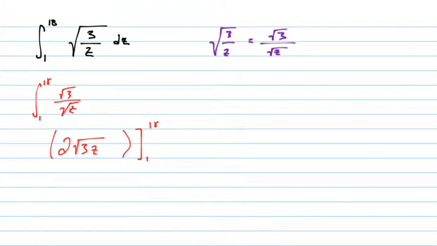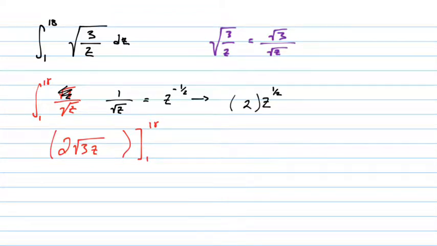So, ignoring the constant for a second, and just looking at 1 over radical z. This is the same as z to the negative 1/2. So we start by adding 1 to the exponent, bringing it up to 1/2. Then we have to multiply by the reciprocal of the new exponent, which is 2.